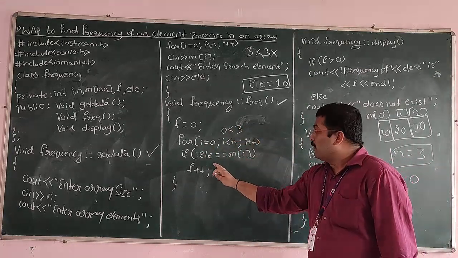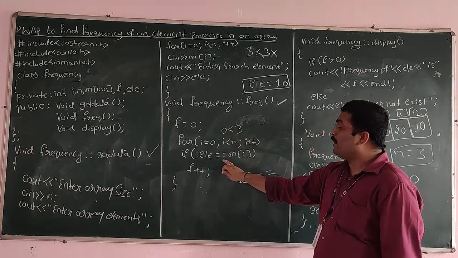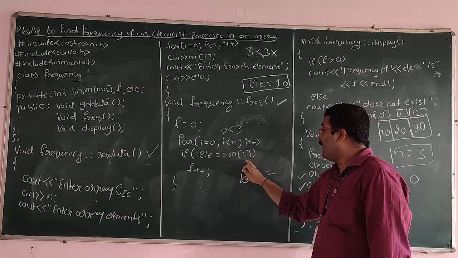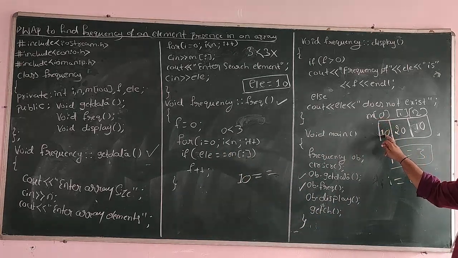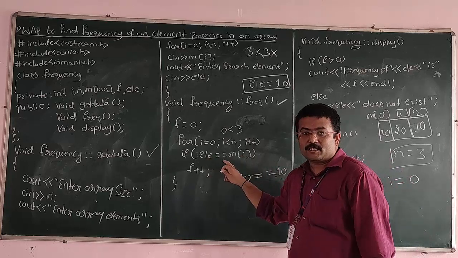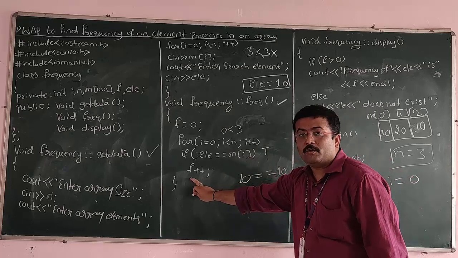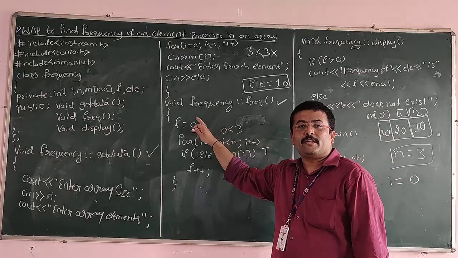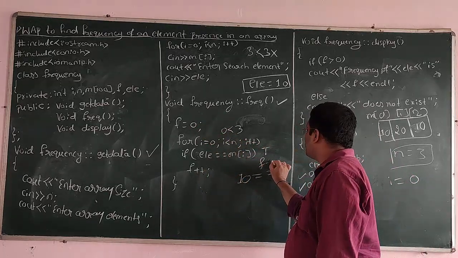Here the element value is 10, and m of 0 is 10, that is, in the array the index m of 0 value is 10. So 10 equals 10. If this condition is true, then the f value will be incremented from 0 to 1, that is f plus plus. So f value is 1.